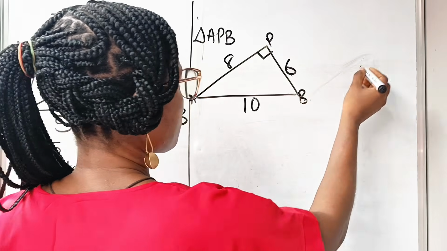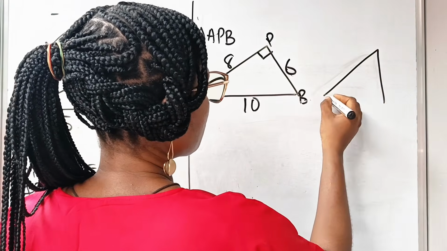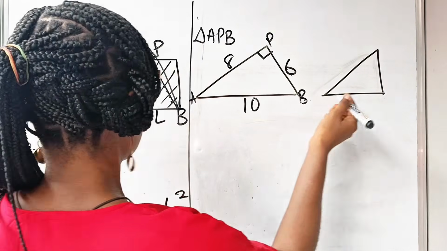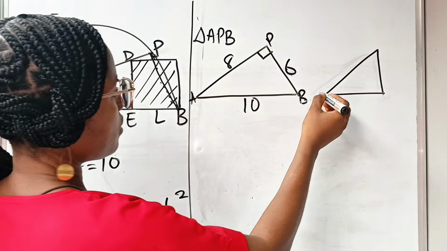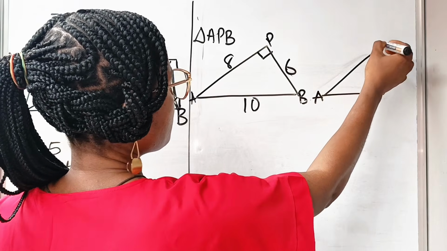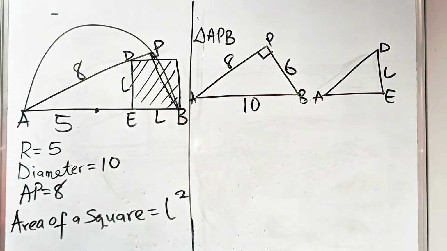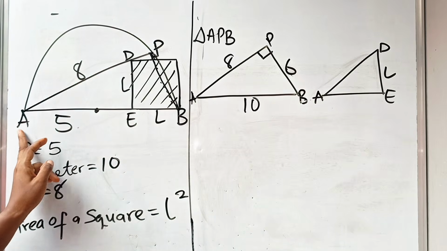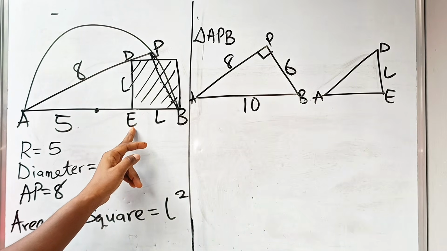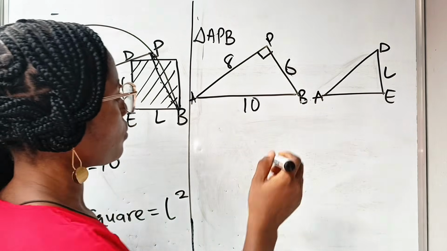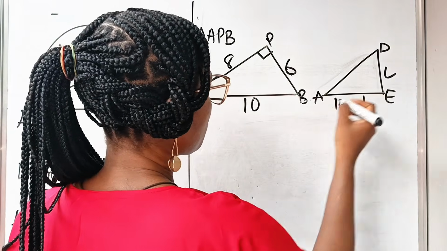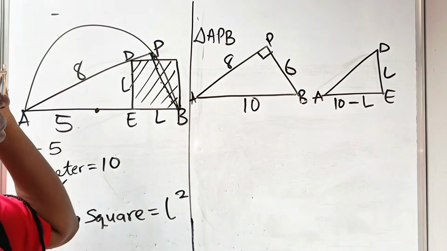Let me increase it. This is the second triangle, triangle ADE. This is A, this is D, and this is E. So DE is L, and AE is 10 minus L. That is our AE.